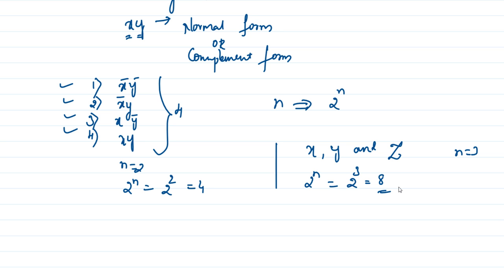Now I have written here, if I consider two variables: x prime y prime or x bar y bar, x bar y, x y bar and x y. These are nothing but min terms. Once again, if I consider two variables, how many combinations have I written? x bar y bar, x bar y, x y bar, x and y.